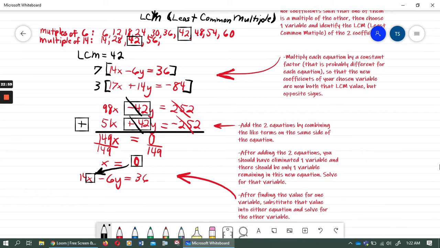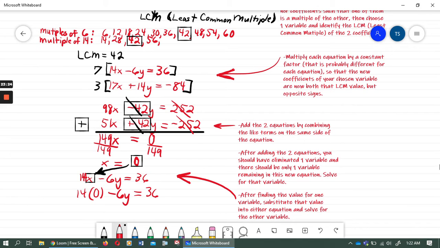Okay. 14. All right, so we still got the 14 there. We're going to replace that x with 0. This is still minus 6y, and this part here is equal to 36.